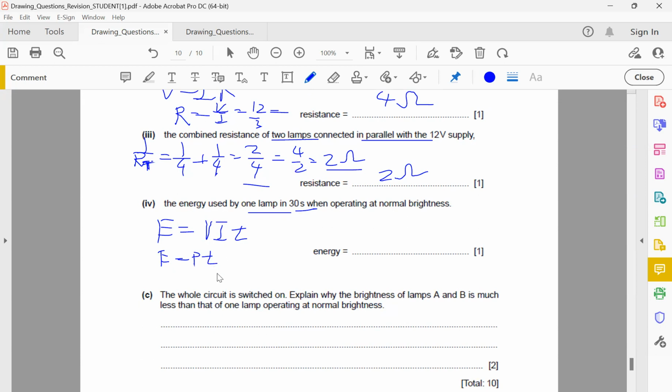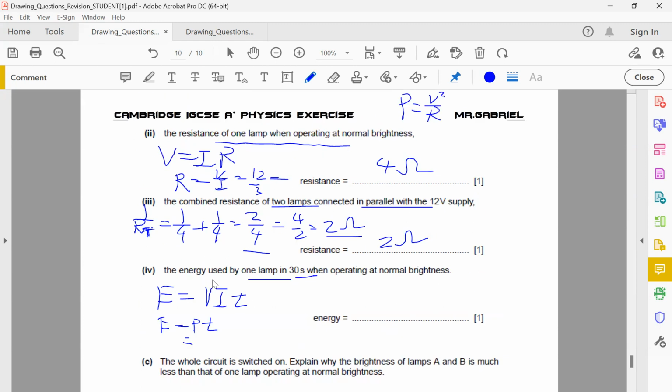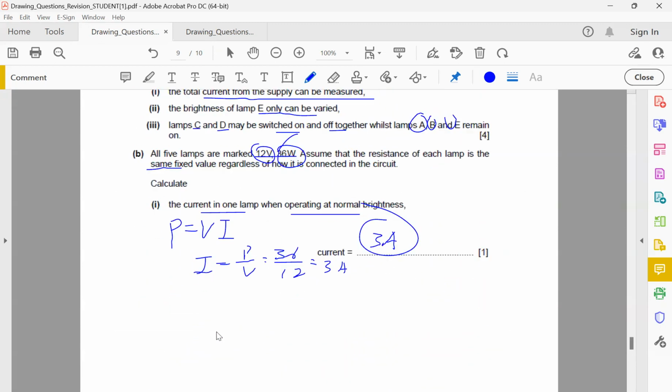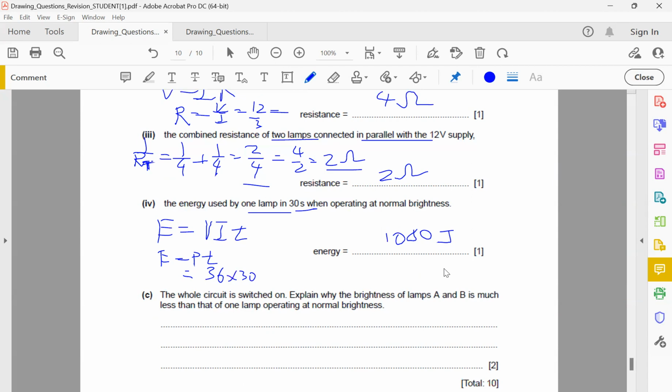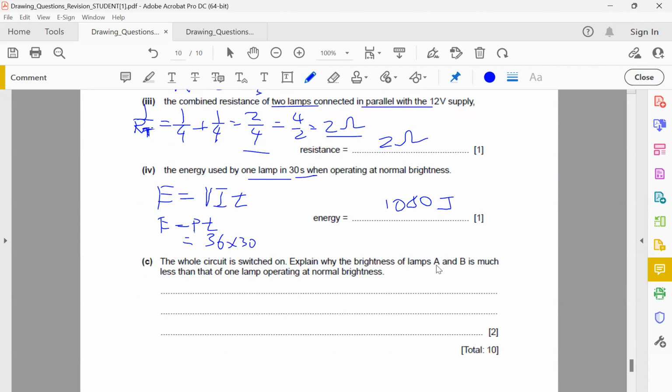If you use V equals work done over charge, that's different. Then from here, you're supposed to use your information, 36 watts, multiply by 30, and you press it in a calculator, you'll get a nice number, 1080. 1080 joules.